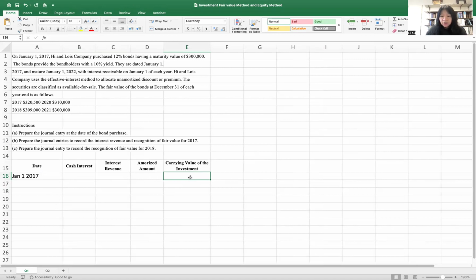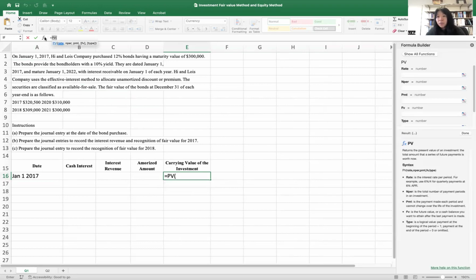In Excel, you put the equal sign here, which leads to the present value formula, or PV. You can click on the little formula sign on the top, and the rate here, very important, must be the market rate. So what is the market rate?